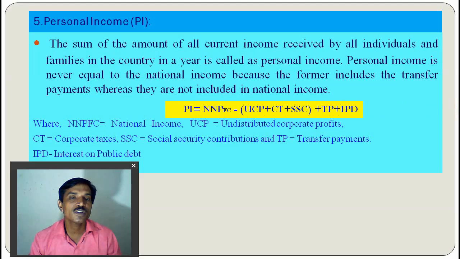So personal income is equal to NNP at factor cost minus UCP plus CT plus SSC plus TP plus IPD.